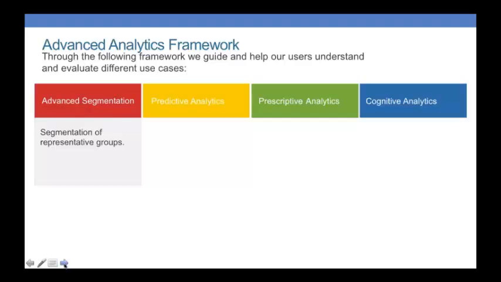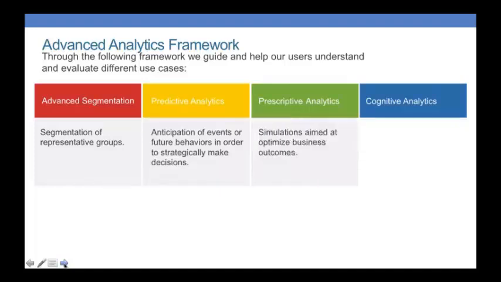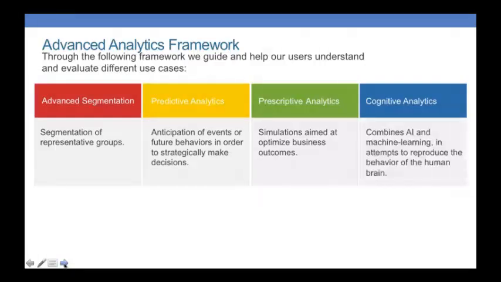Predictive analytics, of course, you're trying to predict future behavior. Prescriptive analytics, you're optimizing different outcomes to maximize a particular variable. And then cognitive analytics, which is something that lately has been heard a lot. It's actually used in 2 ways. One of them is when you're trying to reproduce human-like behavior.